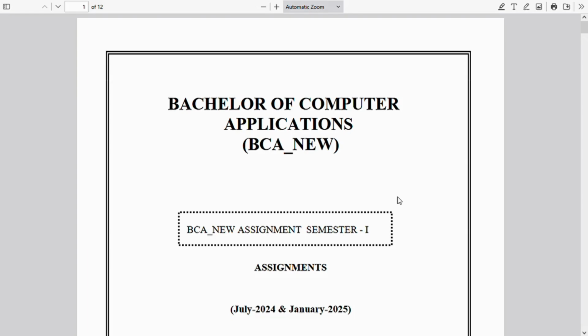We have to submit this assignment by the end of April. But the problem with the assignment is that we have to write the answers of those questions from those chapters which we have not studied yet.